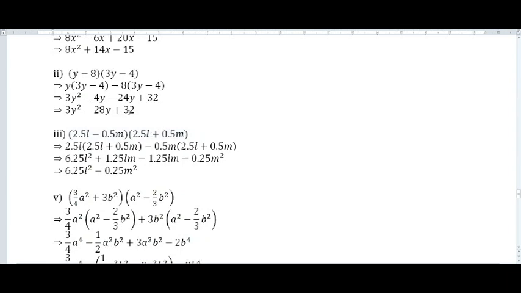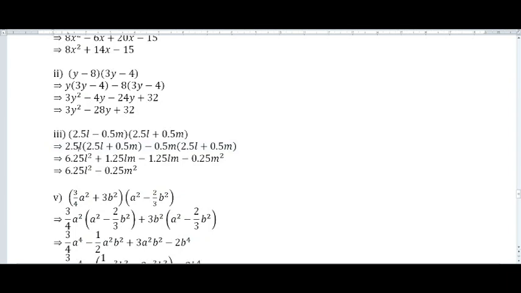Then, as we have done before, we write 2.5L outside, then the whole term we write inside the bracket, minus, here minus is there, so 0.5M inside the bracket, there is 2.5L plus 0.5M inside the bracket. So we are going to multiply 2.5 into 2.5 is 6.25, L into L is L square, plus 2.5 into 0.5 is 1.25.